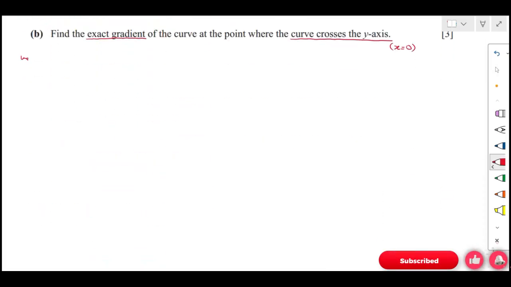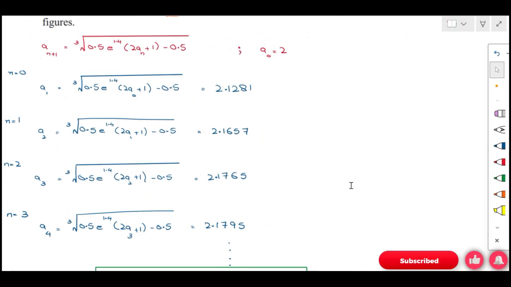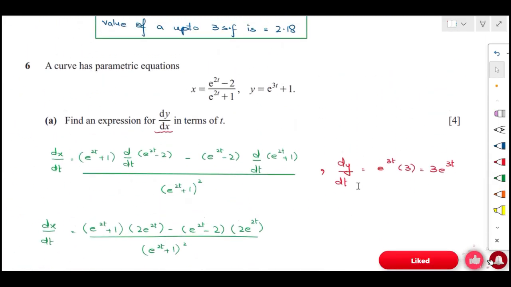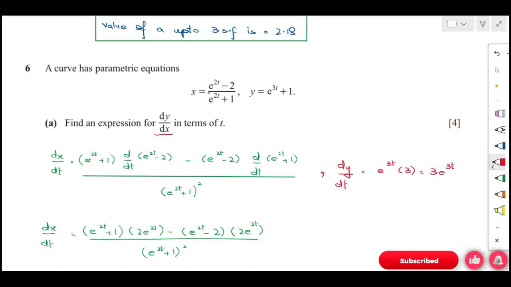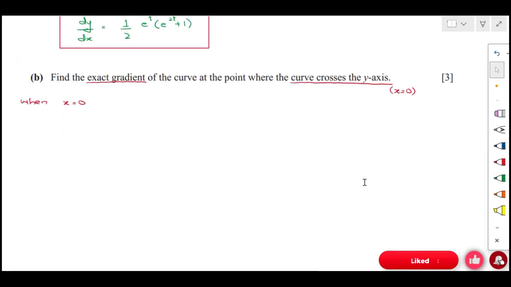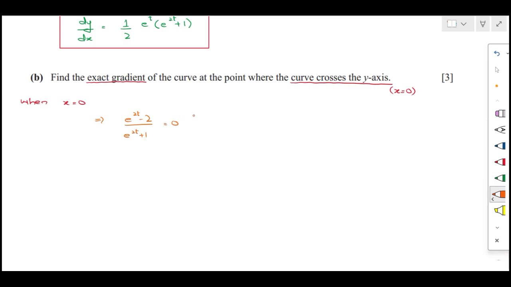So we can say when x is equal to 0, this is your x, 2t e^(2t) minus 2, and in the denominator we have plus 1. So here we can say (e^(2t) minus 2) divided by (e^(2t) plus 1) is equal to 0. So this term multiplied by 0 is 0.